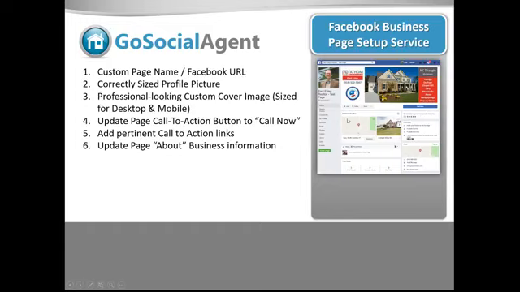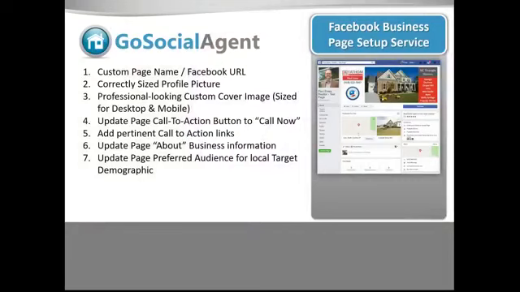We'll make sure that all your information is updated in the about section of your page, as well as make sure that you're set with what's called the preferred audience for your local target demographic. We program that in the back end, so that tells Facebook, I want to show up for people in this area who are interested in real estate and things like that. It's essentially search optimization for your Facebook business page for the Facebook search.